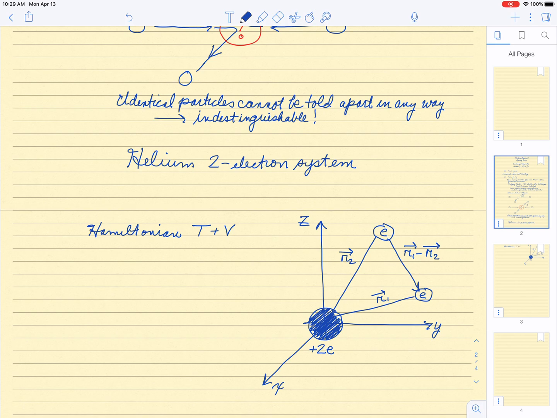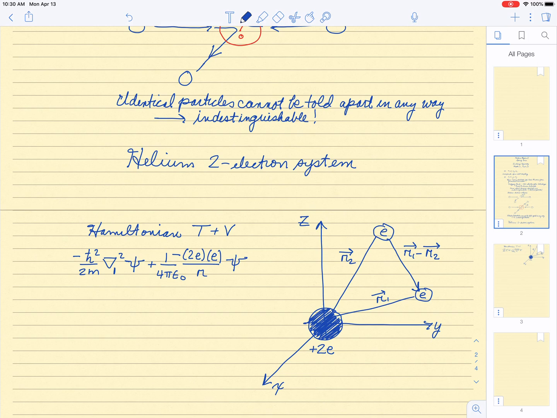For electron 1, we would have negative h bar squared over 2m, del squared of electron 1 operating on the wave function, plus negative 2e times e, that'd be 1 over 4 pi epsilon 0 over r, times psi.